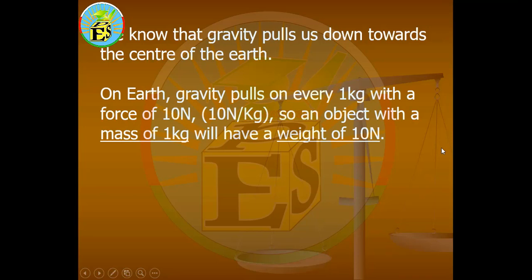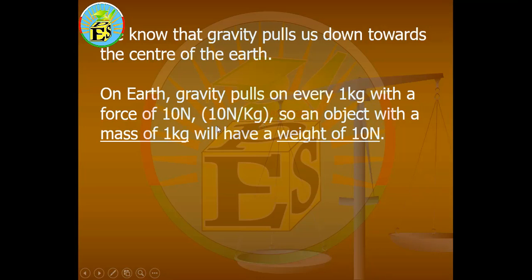So we know that gravity pulls us down towards the center of the earth. Another example, when you hold the apple in your hand and then you leave it, it will go towards the earth. Why is it not going upward? Common sense, because there is a force of gravity which is pulling the apple towards itself. On earth, gravity pulls on every 1 kg with the force of 10 Newton, 10 Newton per kg.